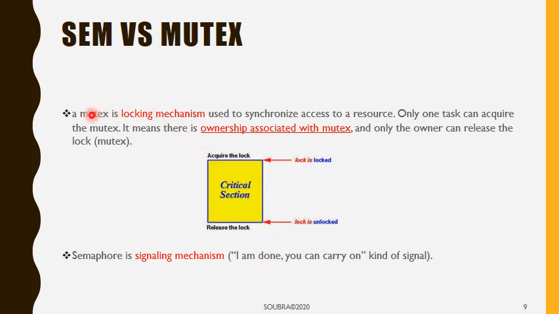So if task 1 takes the mutex, task 1 is the only task that is allowed to give it back. We good? Unlike semaphores, which can be locked and unlocked by different tasks. So mutex, think of it as a locking mechanism in order to protect the critical section.